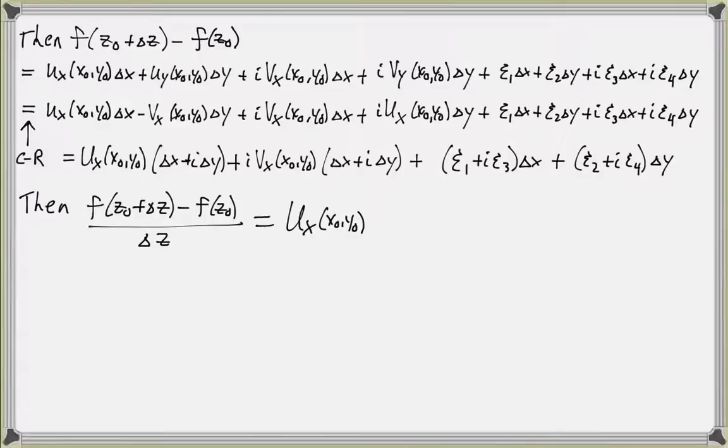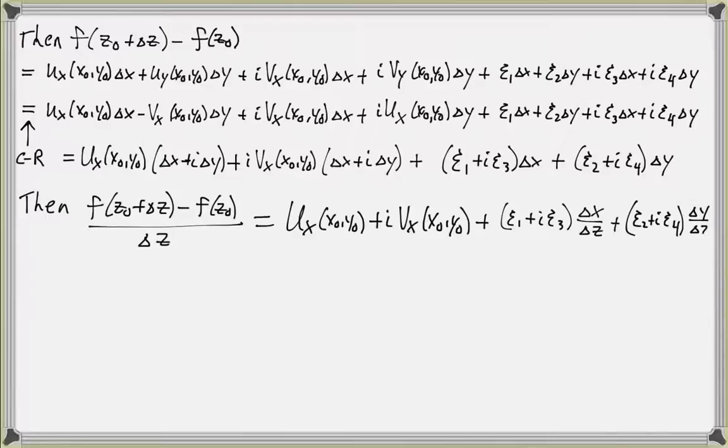The next term, similarly, when I divide by delta z, this will cancel, and I'll just get plus i derivative of v with respect to x, and we'll get plus the quantity epsilon 1 plus i epsilon 3 times delta x over delta z plus the quantity epsilon 2 plus i epsilon 4 times delta y over delta z.